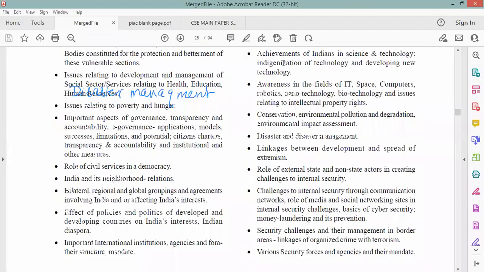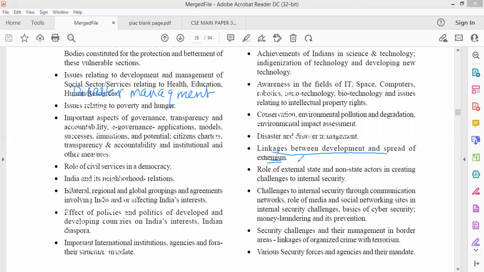Coming to the next topic, that is linkages between development and the spread of extremism. This is an open-ended topic. How development has created a divide between the haves and the have-nots. Whether development has been one-sided, benefiting only a few people while the rest are left out, and how it is contributing to extremism.